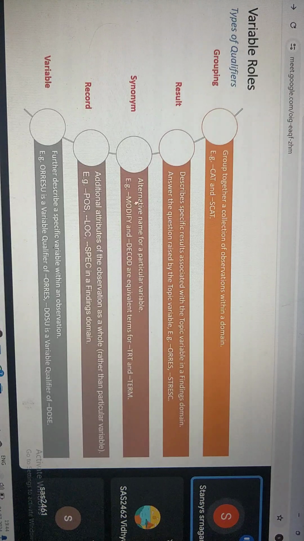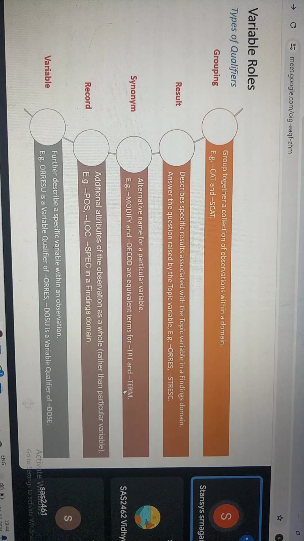For example, modify, decode. Decode, for example, the term has a decode value. CM decode is for the CM term. CM term is CMTRT. CMTRT is the topic variable. So the CM modify is the same treatment with another name. Again, we have the term adverse event.